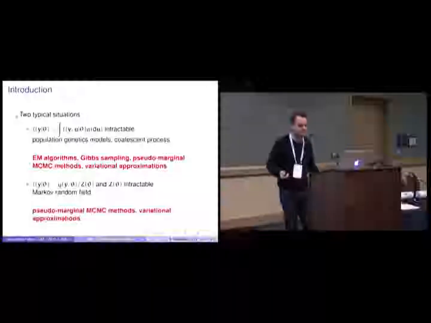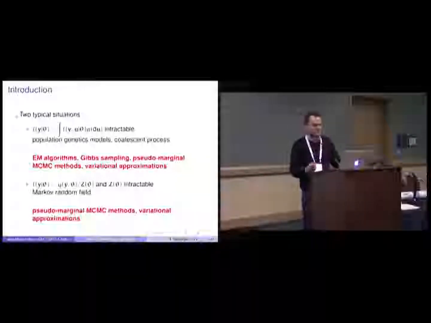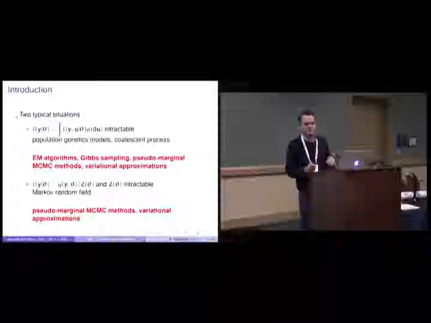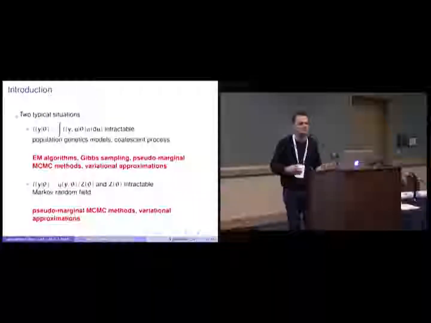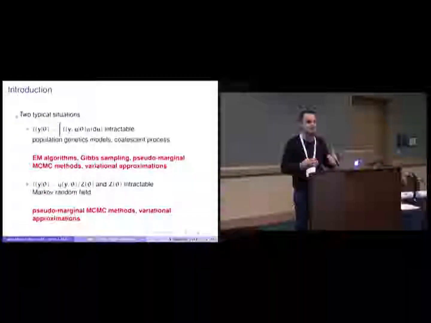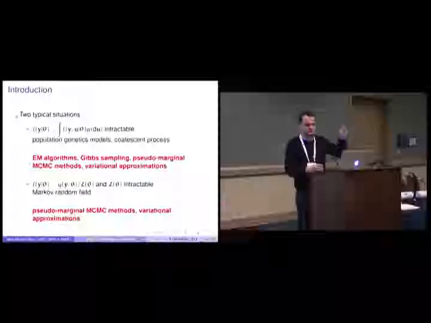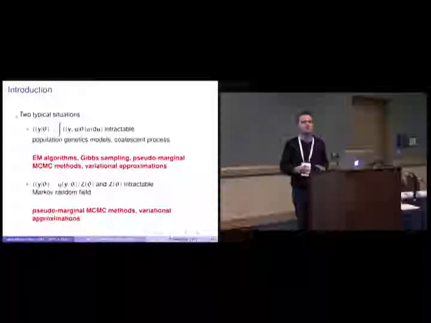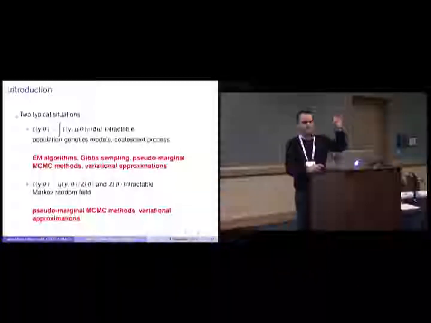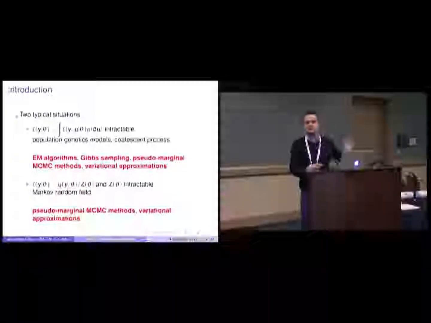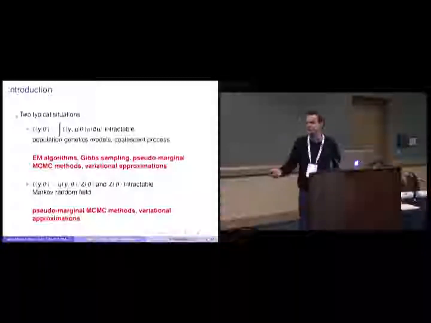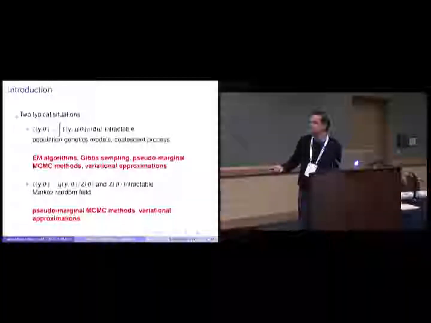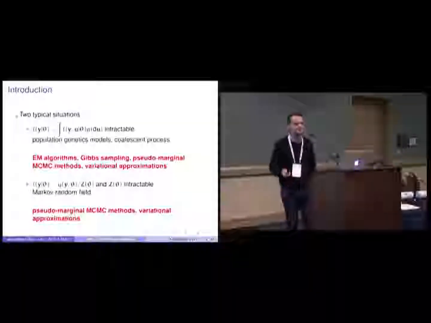And in such a case, we also have some typical pseudo-marginal MCMC methods and algorithms which are designed to avoid this normalizing constant problem. Typically, this is an MCMC algorithm where you plug within the calculation of the acceptance rate an unbiased estimator to avoid this intractability of the normalizing constant, and there is also in this case a lot of variational approximation.